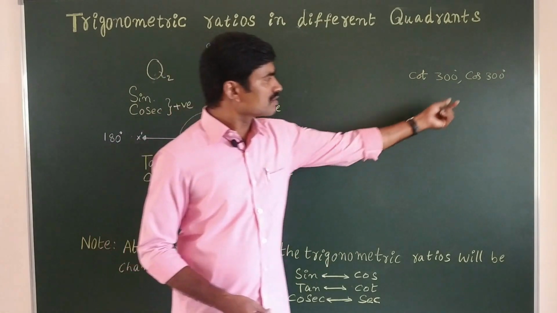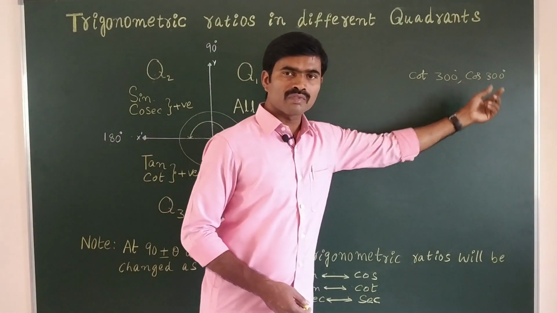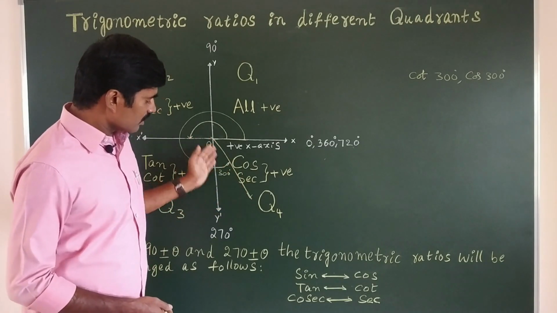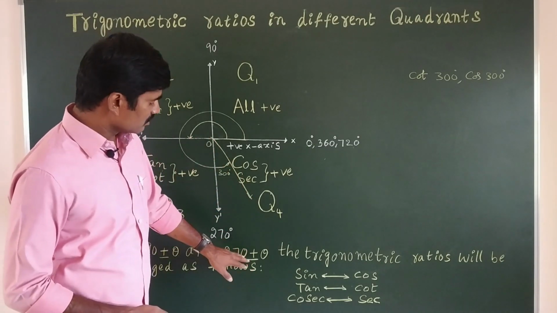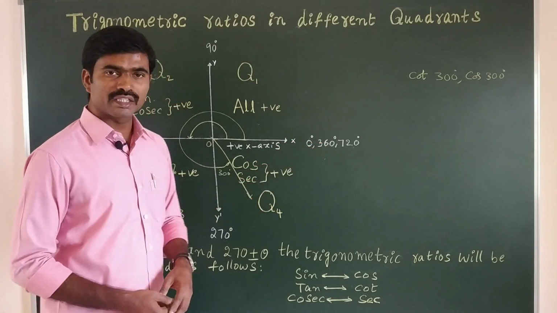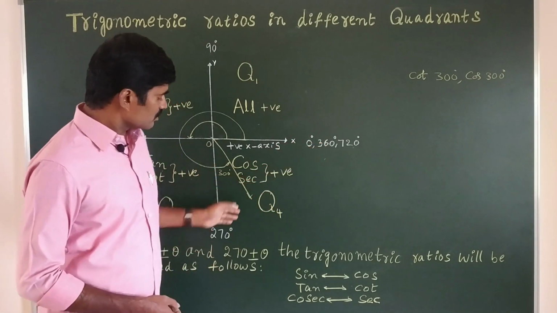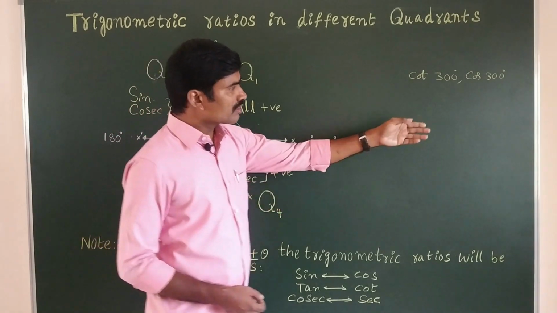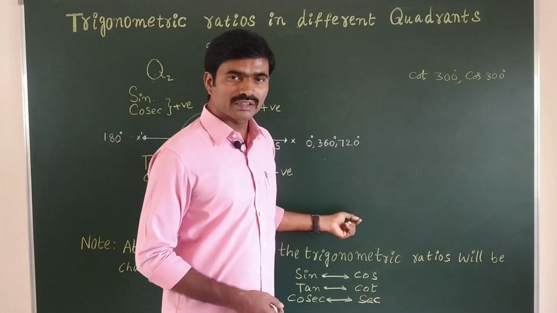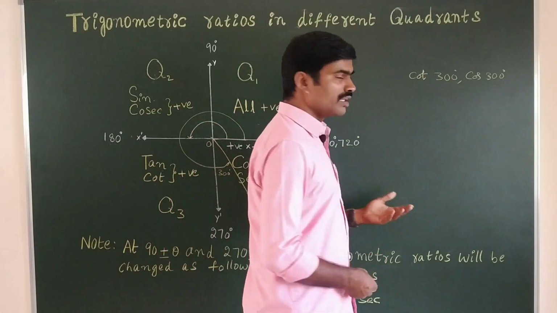And come to the cos 300 degrees. Cos 300 degrees we can write as cos 270 plus 30 degrees or cos 360 minus 60 degrees. Suppose cos 270 plus 30. At 270 plus or minus theta, the ratios will be changed.